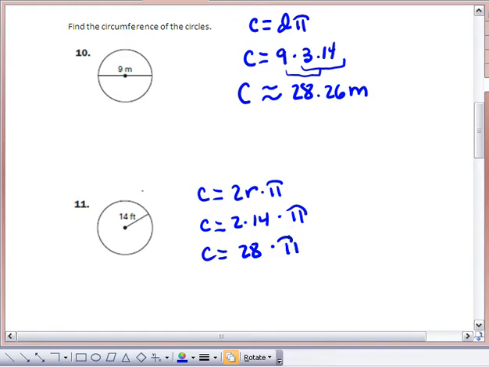And if I multiply 28 times pi, I get 87.92, and it's measured in feet. So that would be the circumference of this circle here.